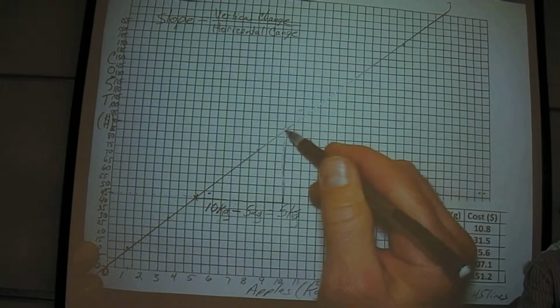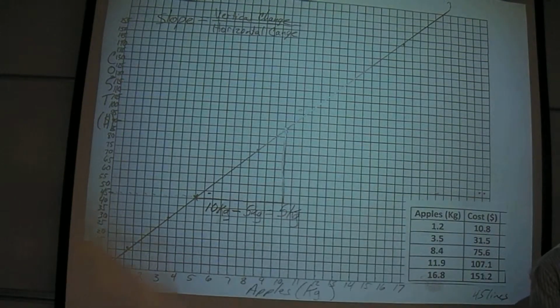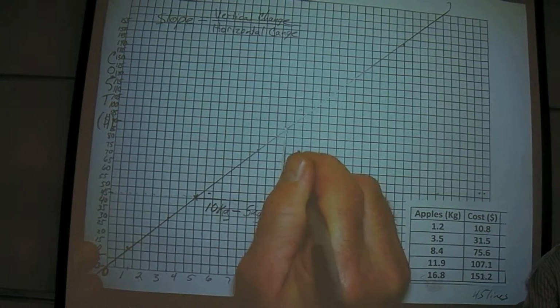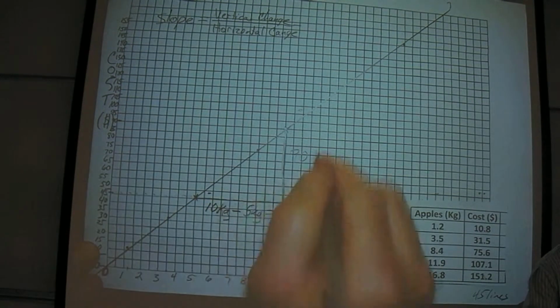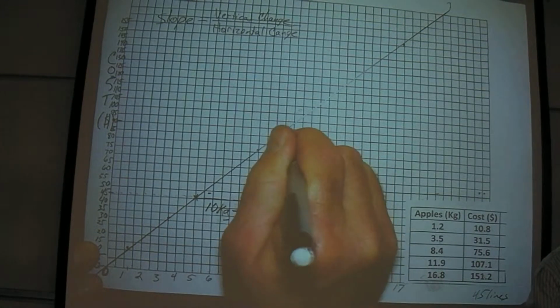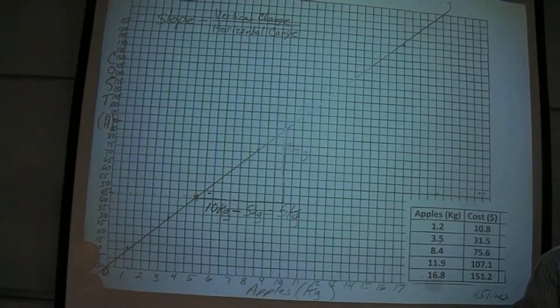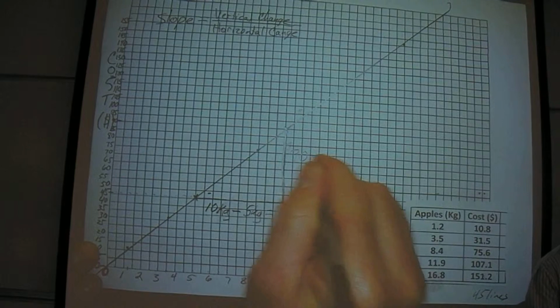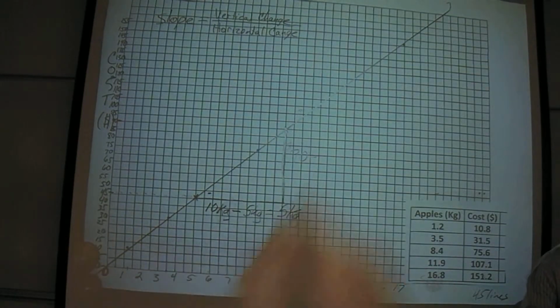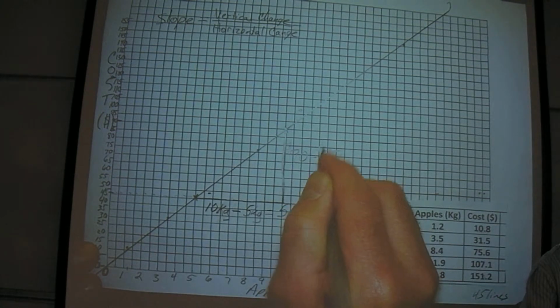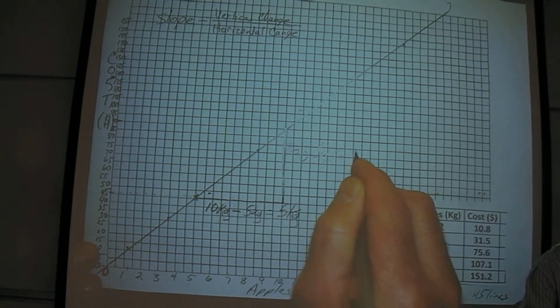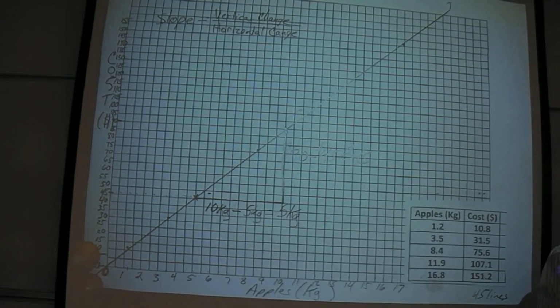So again, I'm going to start with my final point and write that number first, $90, minus my initial point, which is $45. And I'm going to get $45 for that difference.